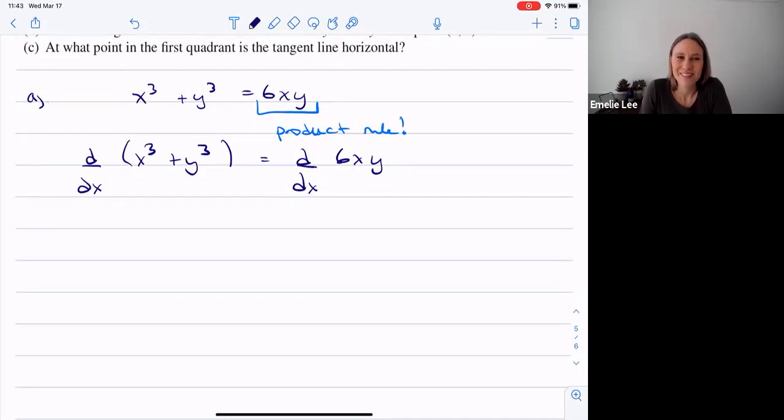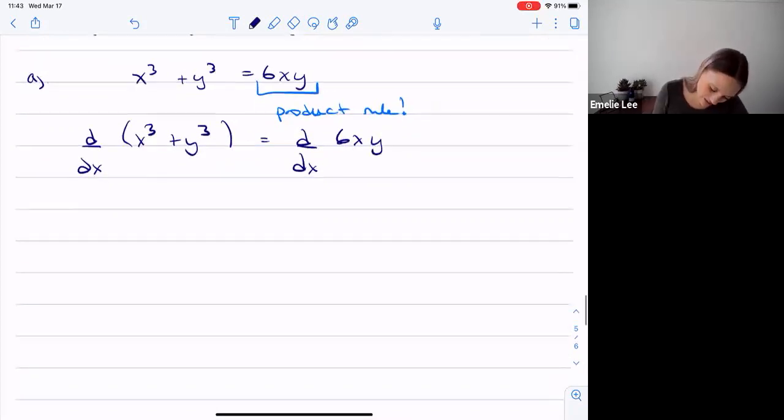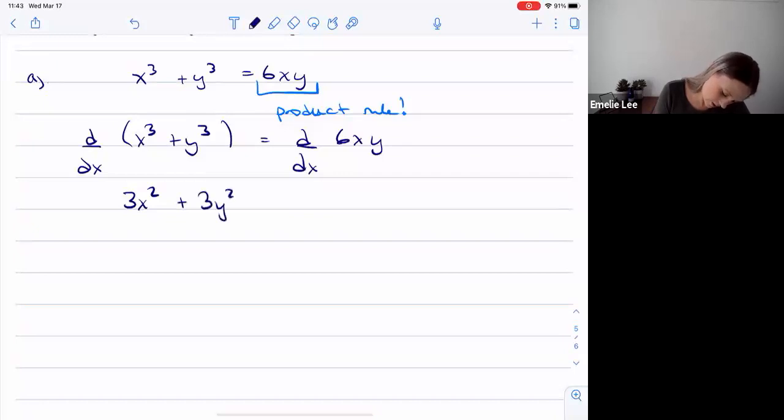Now, x to the 3, we know what we're doing there, and that just becomes 3x squared. Same thing with the y to the 3, but remember that y is implicit, so you have 3y squared, and then don't forget the times y prime. The derivative of the outside times the derivative of the inside, which we don't know what it is, but that's okay.